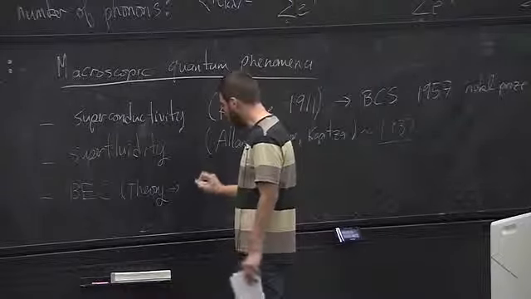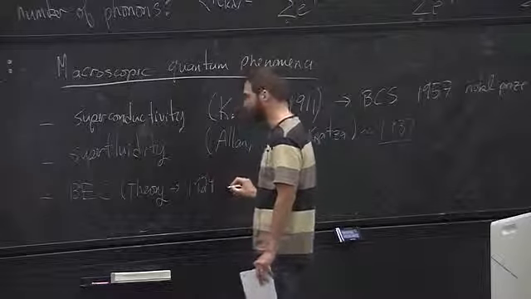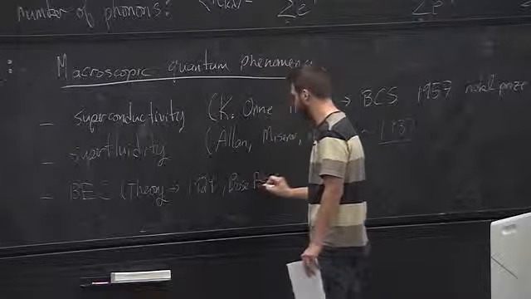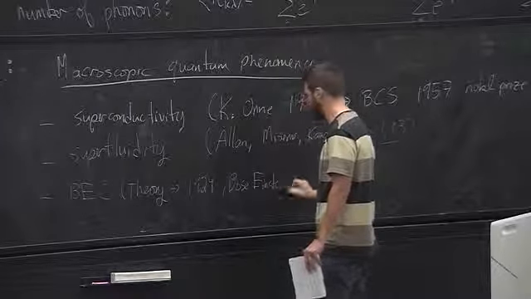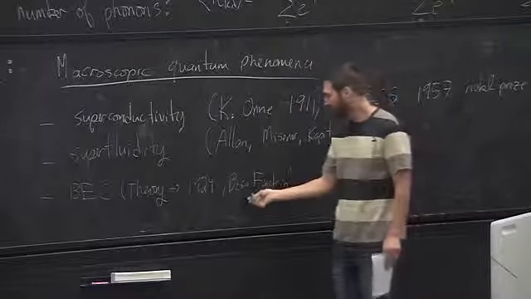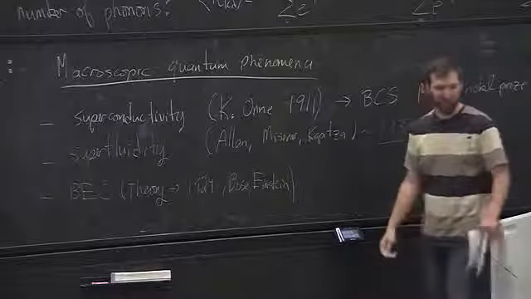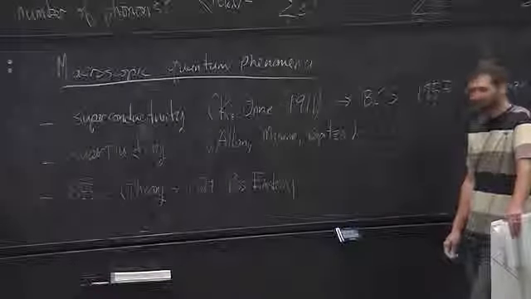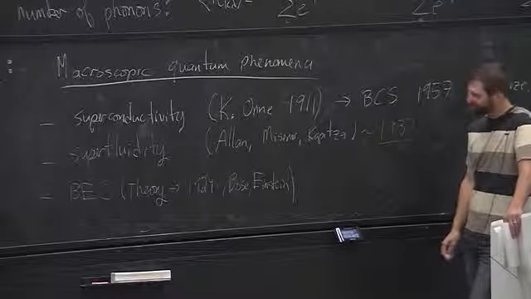And this was in the 20s, so 1924. I mean, there's some interesting story there. I think Bose got his paper ready and sent it to Einstein. Einstein got it published, no problem. Science hasn't changed.